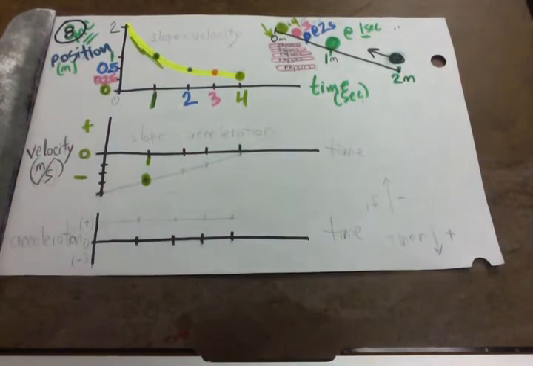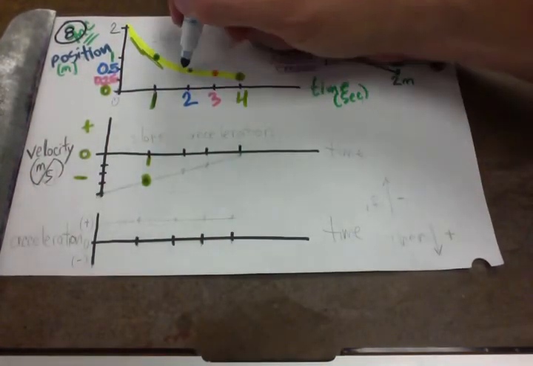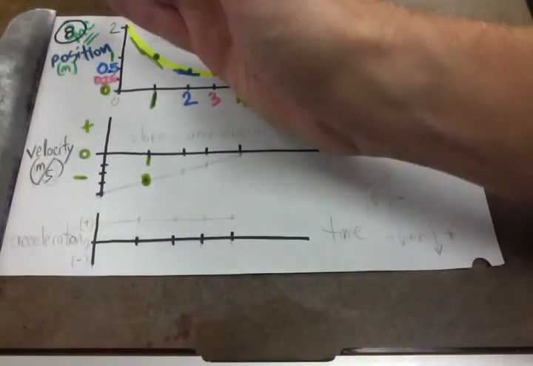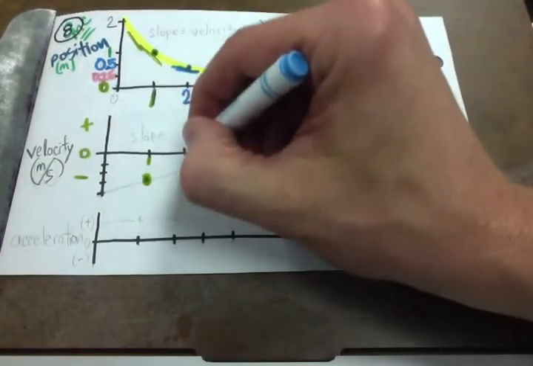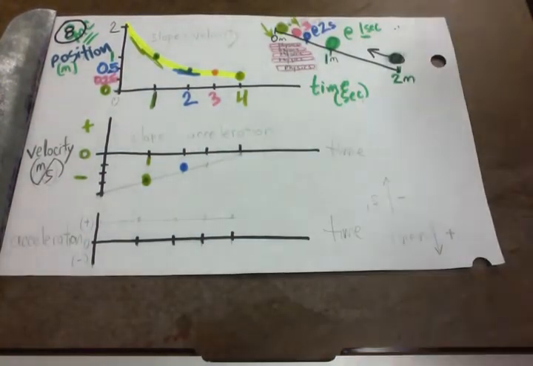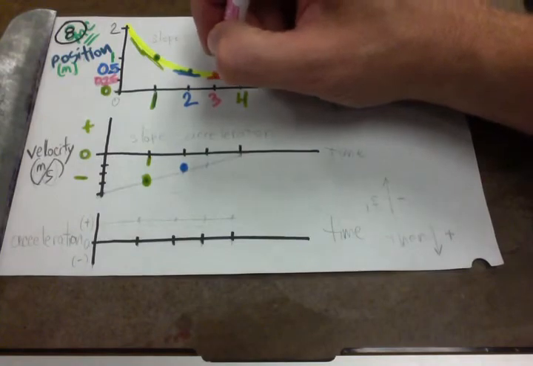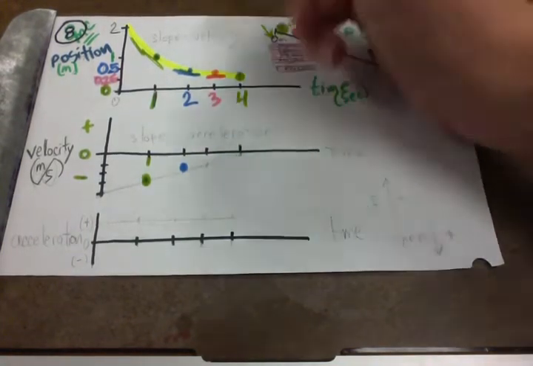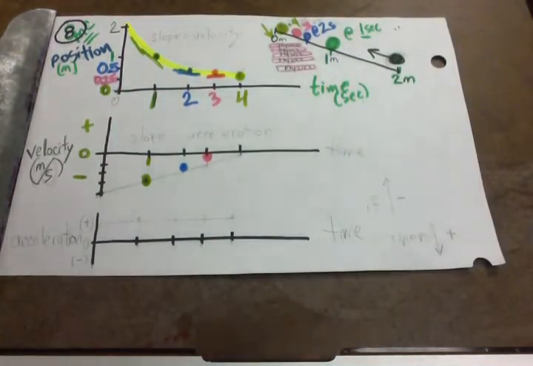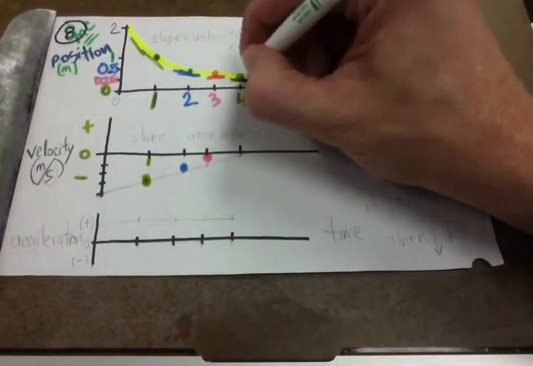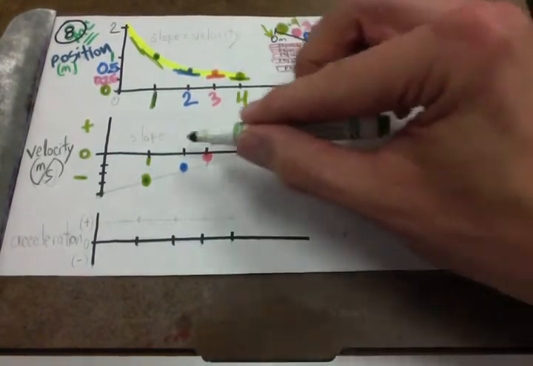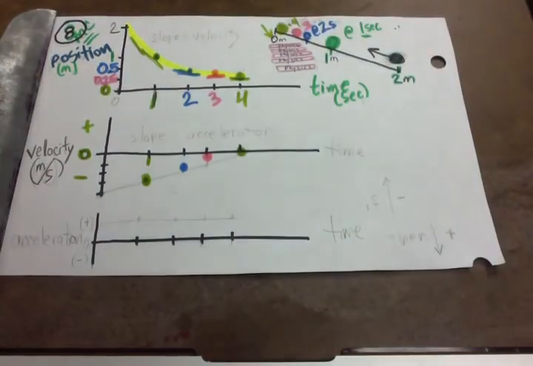Then if I look at that point at 2, this tangent slope is still negative, but barely. It's getting closer to 0. The 3rd second, the way I've drawn it, is almost flat, so that is going to be really close to 0. And same thing at 4 seconds. That's basically stopped moving. Stopped moving is 0 velocity.